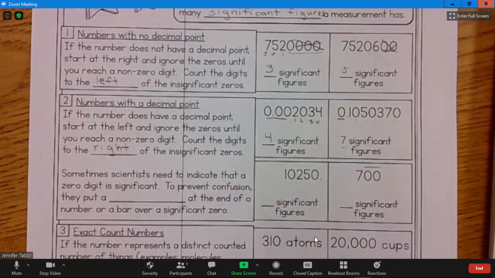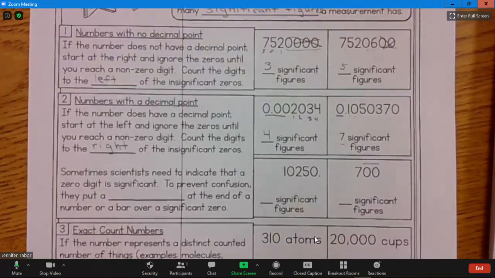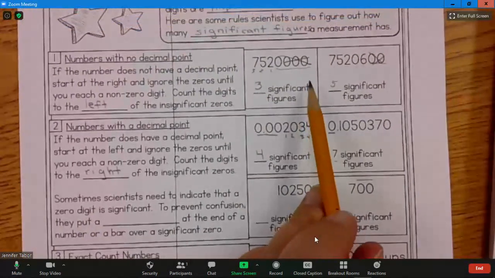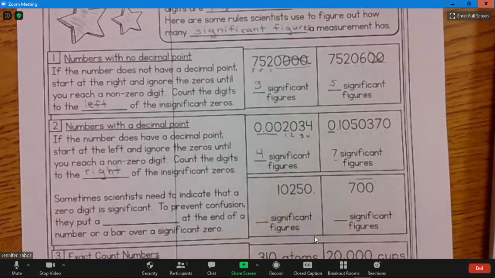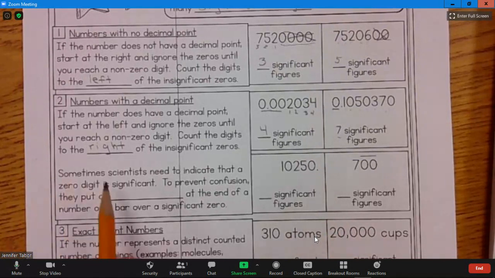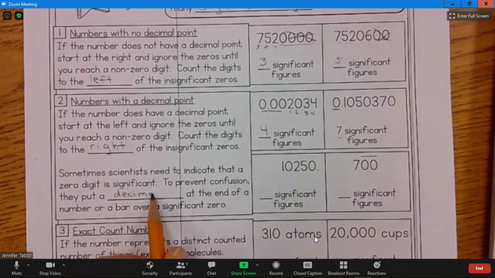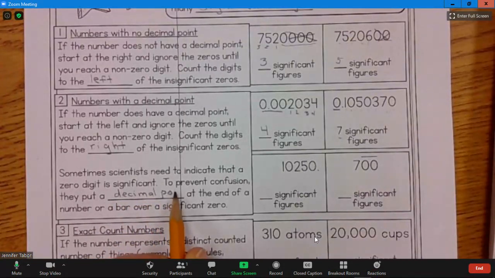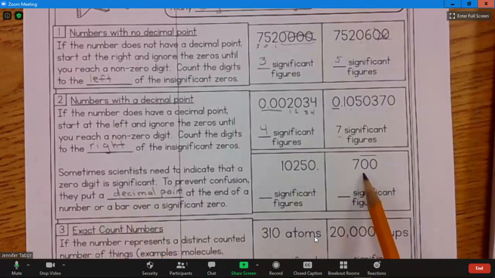All right. So here's another thing about decimal points. Remember we talked up here how there was no decimal point. Well, sometimes those zeros at the end of a number are important. And scientists need to say, hey, those zeros are important. Don't skip them like you did up here. The way that they do that is they put a decimal point at the end of the number, or sometimes, and very less common, they'll put a bar over the top.